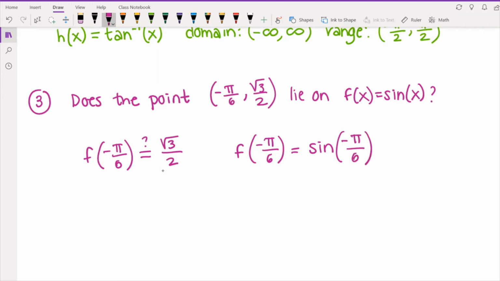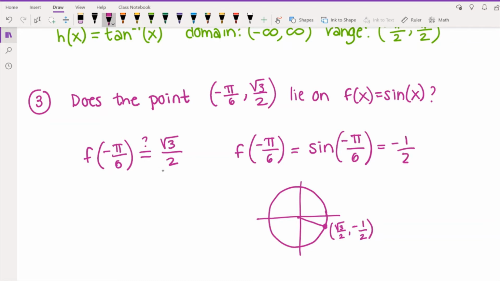And sine of negative pi over 6, we would find by going to an angle of negative pi over 6, so that would be down here. The x coordinate is square root of 3 over 2, and the y coordinate is negative 1/2. And so sine of negative pi over 6 is equal to negative 1/2. And negative 1/2 is not the same as square root of 3 over 2. And so that tells us that the answer is no.